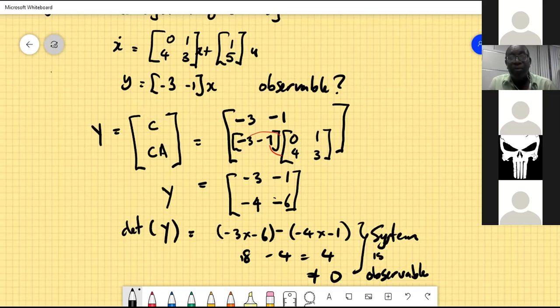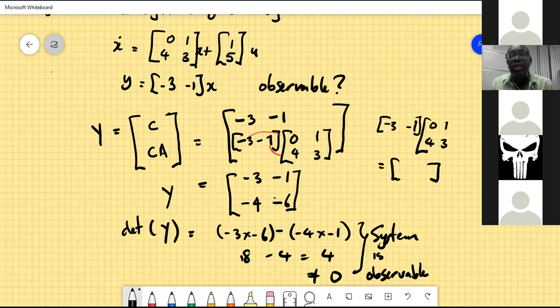So this is C, which is 3, -1, and then CA, which is 3, -1. So it's going to end up giving you a row 0, 1, 4, 3.